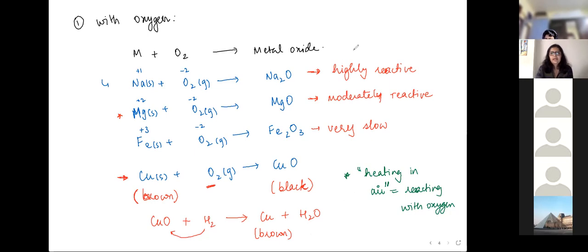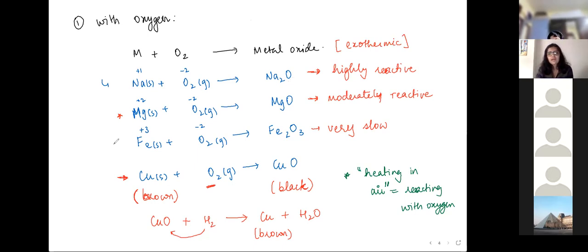Yeah. And usually another note you can make is this reaction is exothermic. If it is highly reactive, and in the case of magnesium it is moderate to high, if you just let it react naturally, you're not going to get a lot of heat, light and all that. But if you put it in flame, you're getting all of that heat and light. Reaction with sodium, all the time, is explosive, violent.